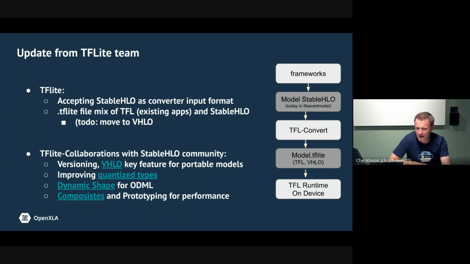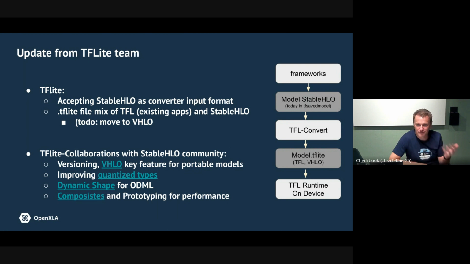Specifically, we haven't taken this step yet, but we want to make that be versioned stable HLO. That will be very useful because TF Lite files are serialized artifacts that we intend to be multi-device. There could be a lot of separation in time between when a model is serialized and when it gets run by an on-device runtime, and the versioning features in stable HLO are appealing for that kind of use.